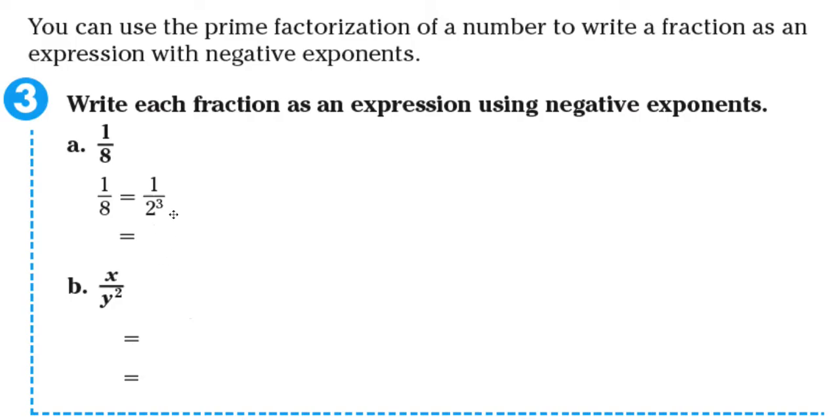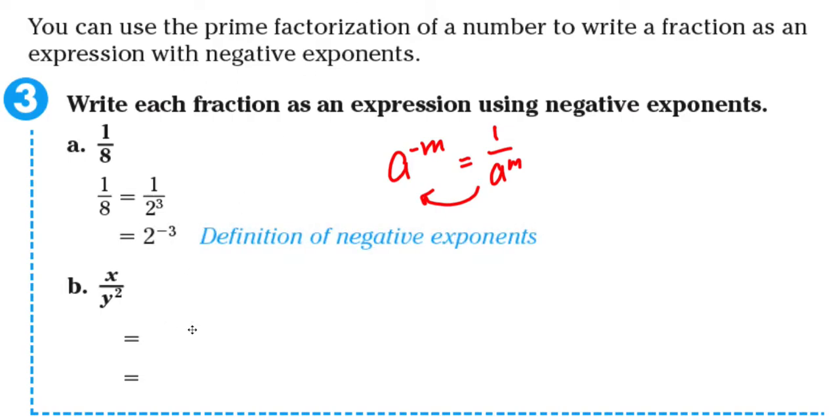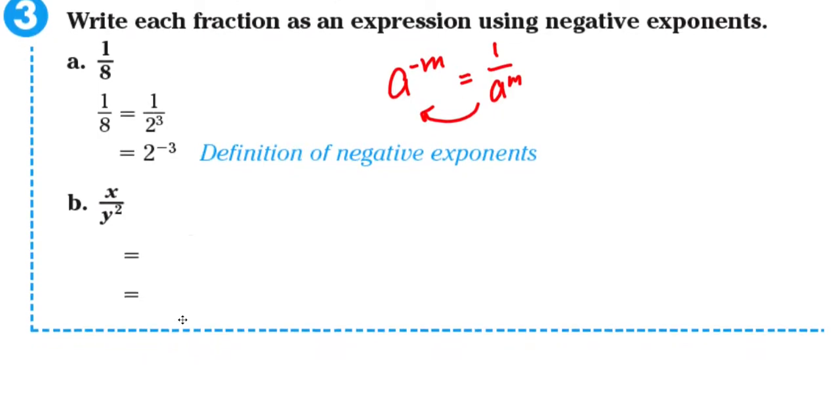According to the definition of negative exponents, which states that a to the negative m is equal to 1 over a to the m power, 1 over 2 cubed is your 1 over a to the m, and we want to convert it to this form. So 1 over 8 is the same as 2 to the negative 3.